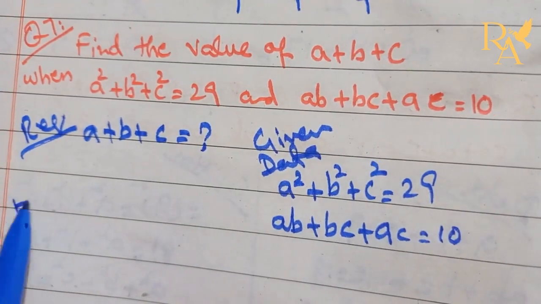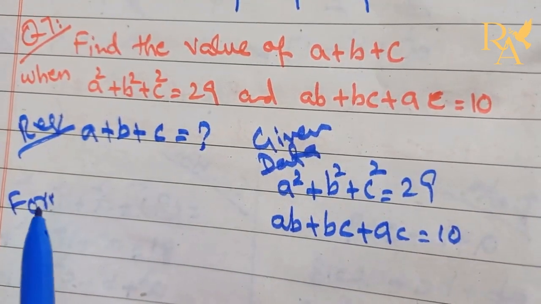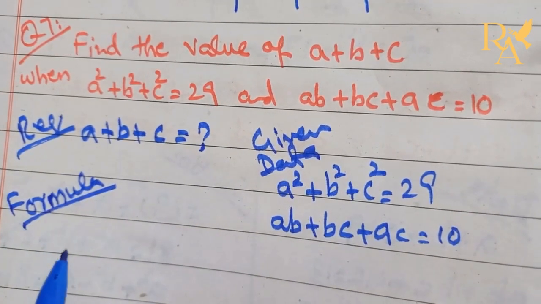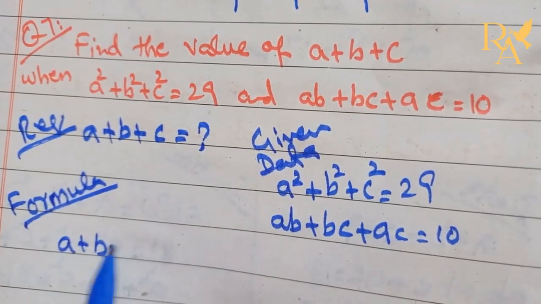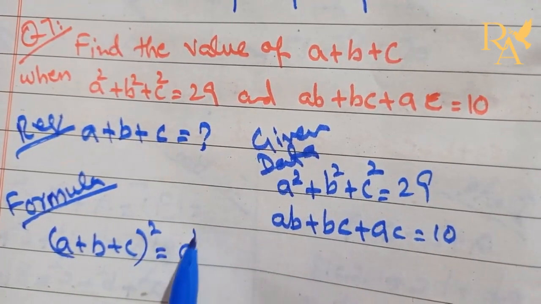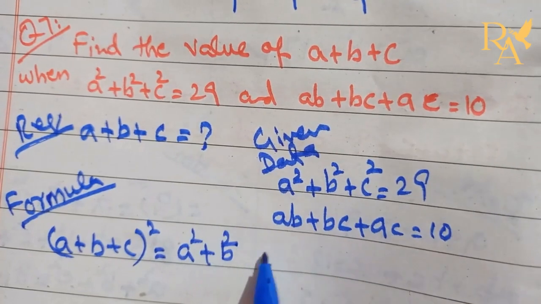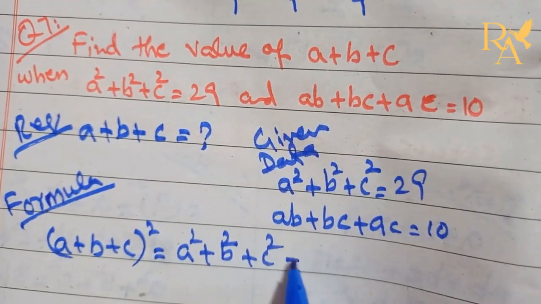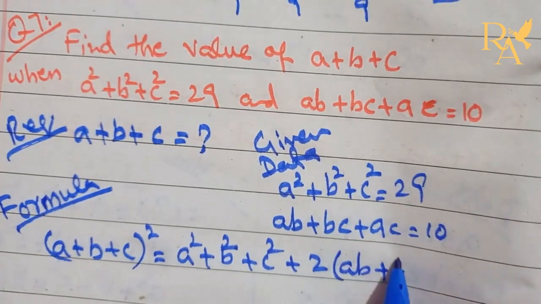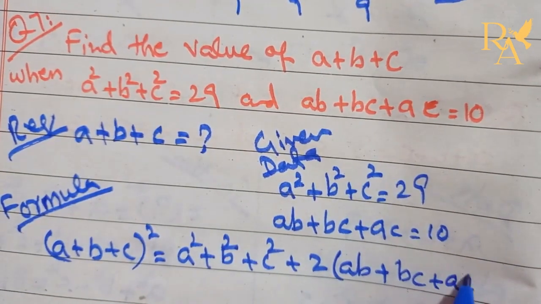Now by using the formula, A plus B plus C whole square is equal to A square plus B square plus C square plus 2 times AB plus BC plus AC.